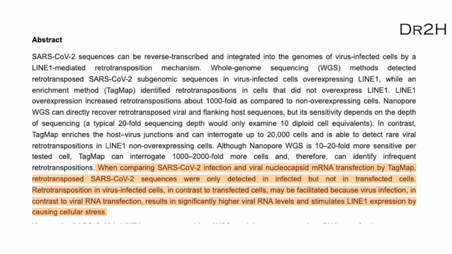And this highlighted that stress in cells is crucial to genomic integration. So, in contrast, transfection does not induce inflammation or stress, and they found no indication that it leads to viral genomic integration through the LINE-1 mechanisms in these normal cells.